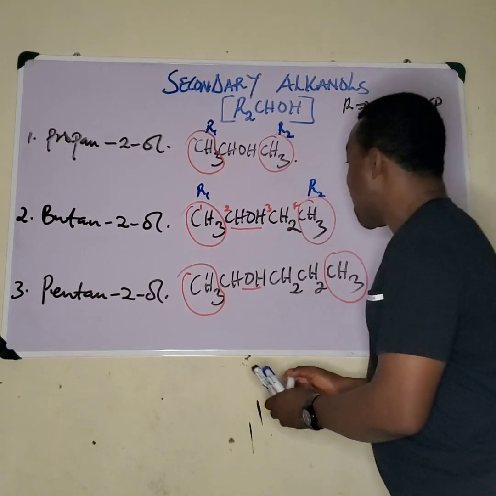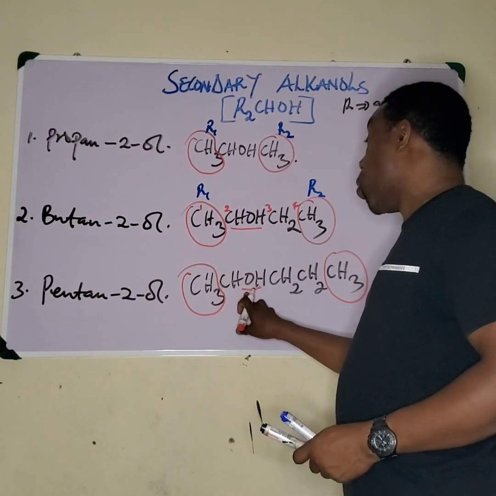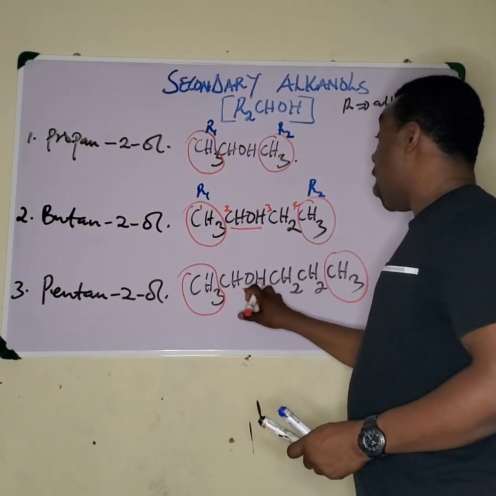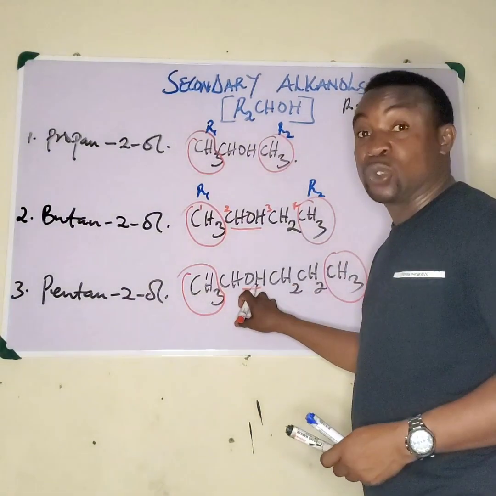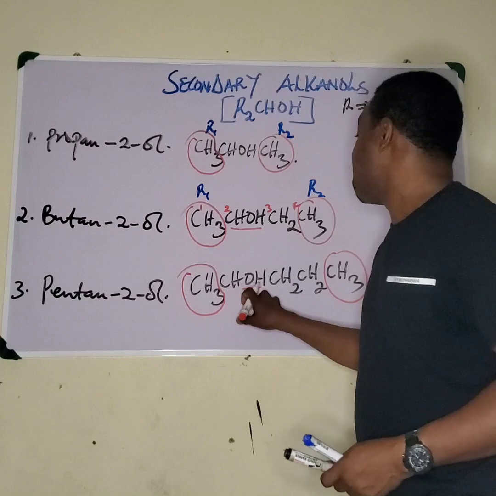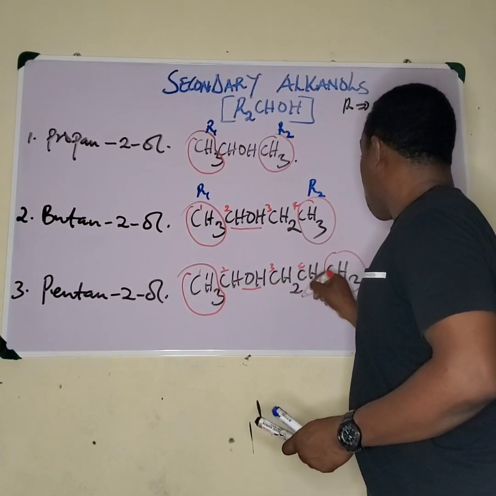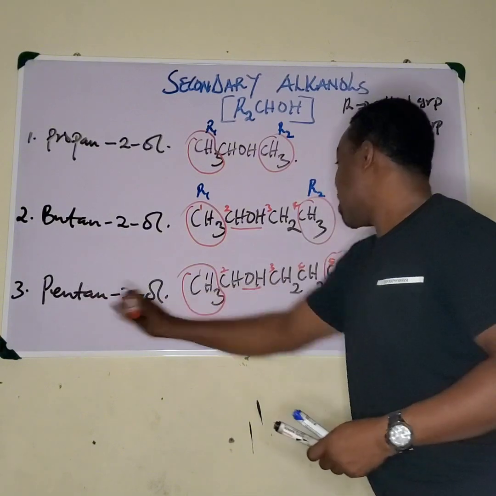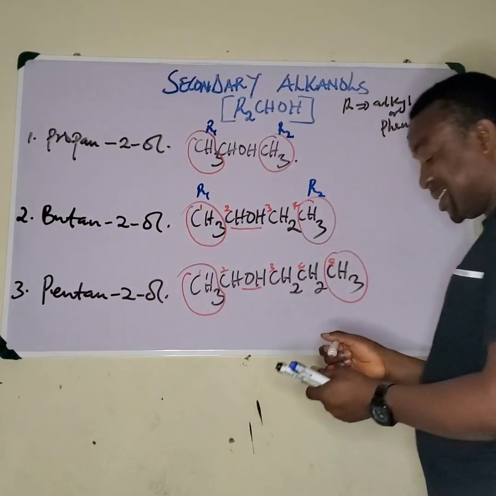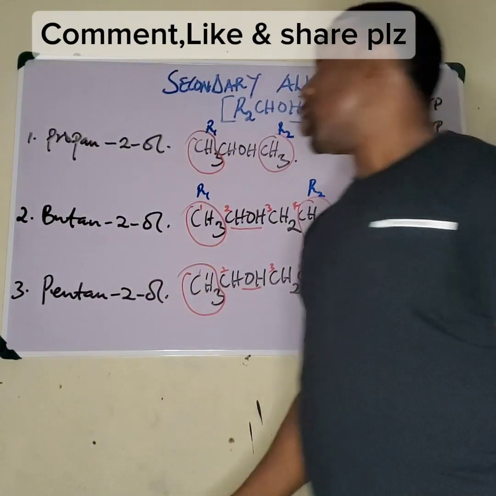If I am naming, I'm naming from here to give priority to OH, because if I name from here, I will give OH a higher number, and that is not what the rule says. So I have 1, 2, 3, 4, and 5, which is pentane, then 2-ol, a typical secondary alkanol.